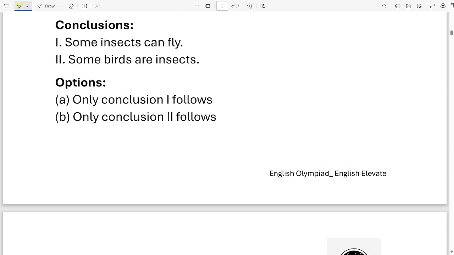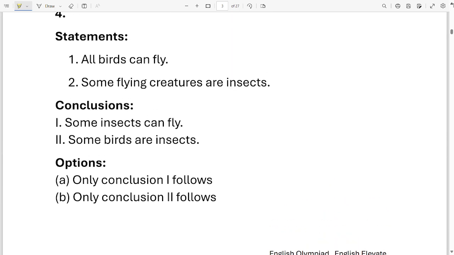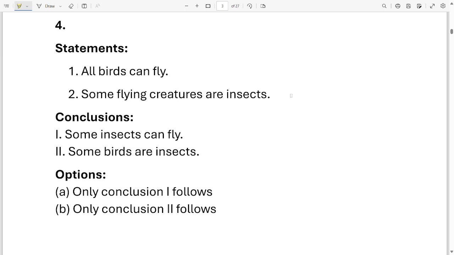So go through your statement once again and your conclusions also and choose your correct option. It is option A. Only conclusion 1 follows, which is some insects can fly.